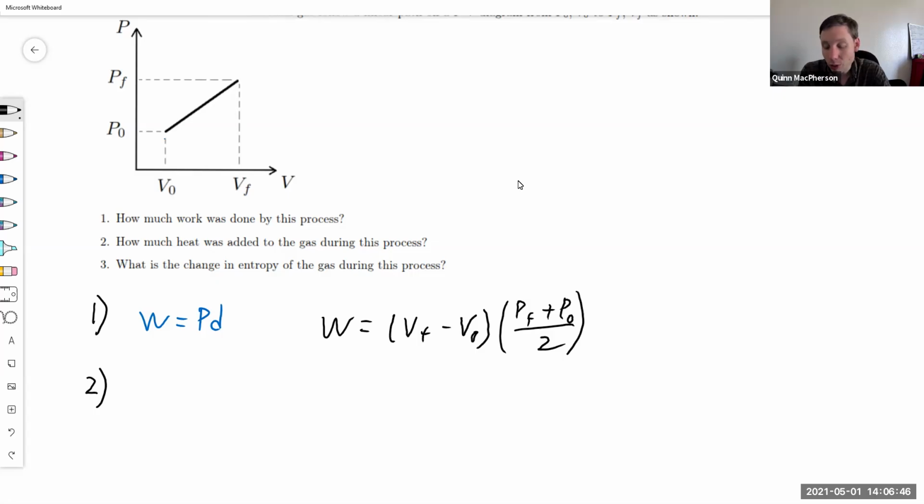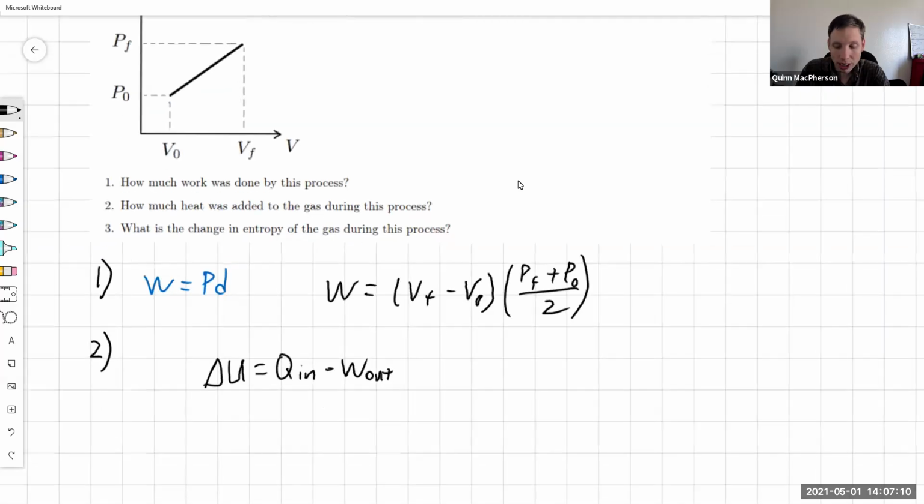The way you want to do this, well, we got work. Change in energy is pretty easy to get to because we can get it from temperature, and from those we can use the first law of thermodynamics to infer the heat. The change in internal energy is equal to the heat you add in minus the work done out.